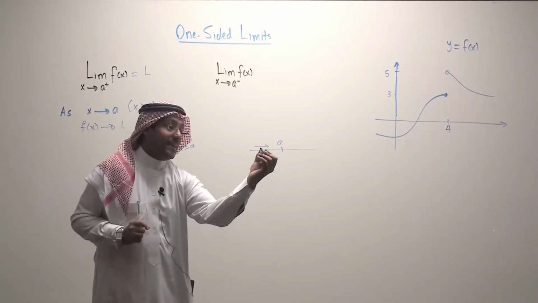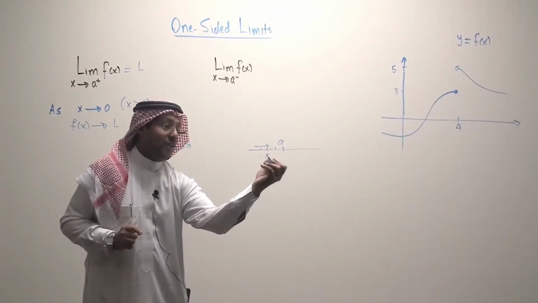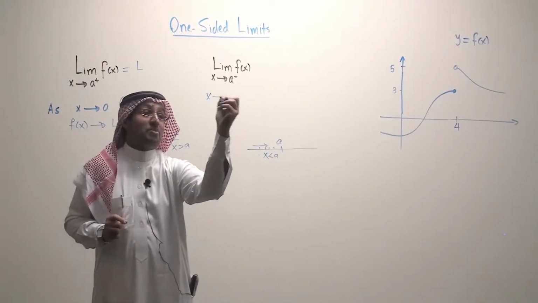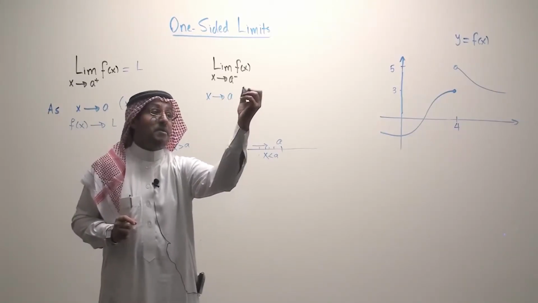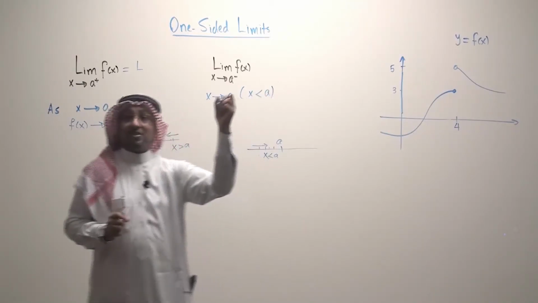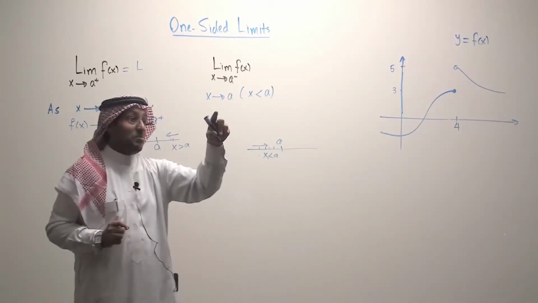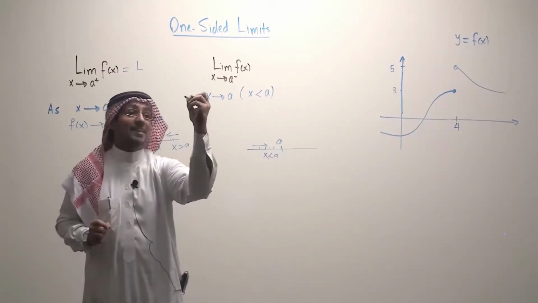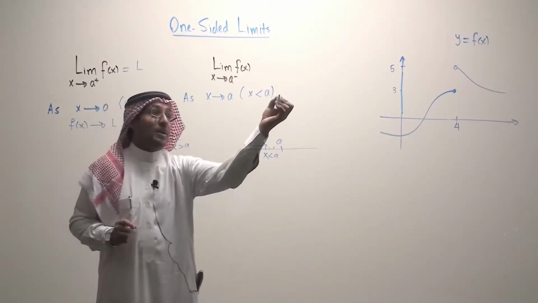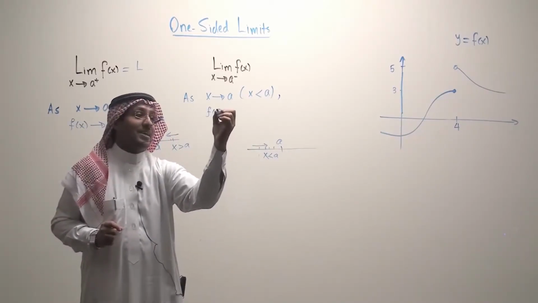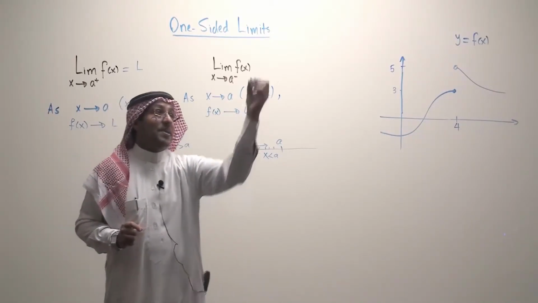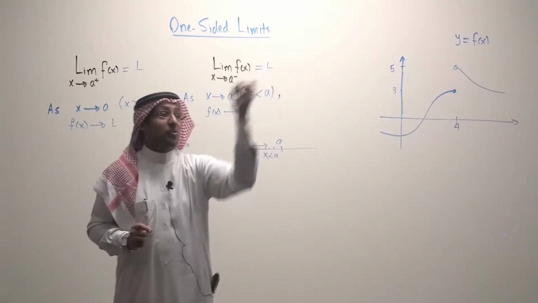This means you are taking values of x which are less than a, right? So this limit means that x is approaching a, but x is what? Less than a, because it is approaching it from the left side. So as x approaches a from the left, then f of x is approaching what? If it approaches, for example, L, then the value of this limit equals L.